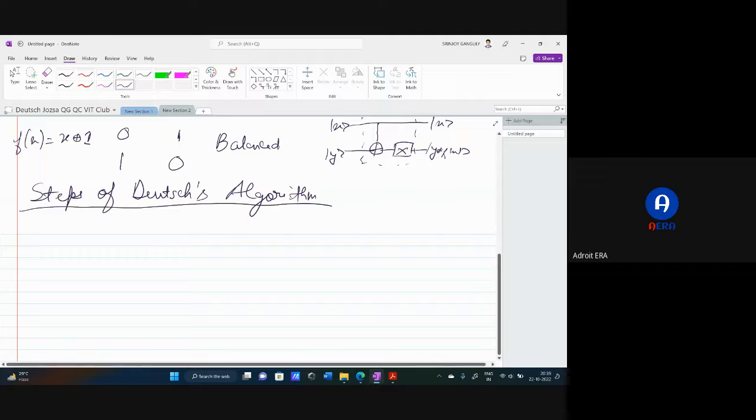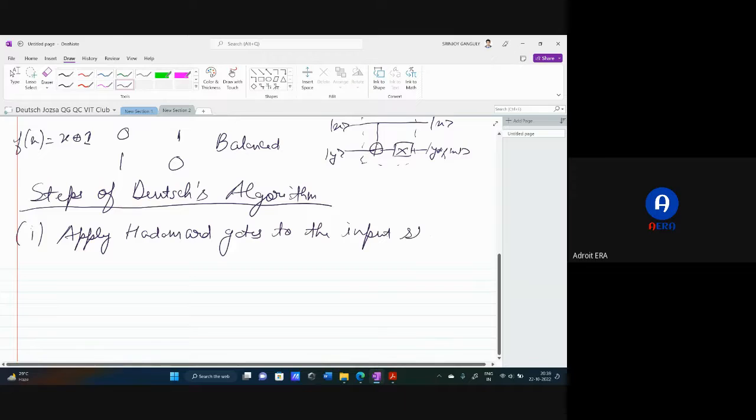First step: apply Hadamard gates to the input state. What is the input state? Ket 0 and ket 1.